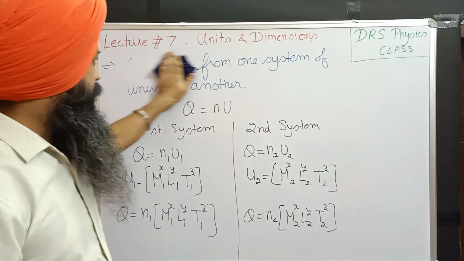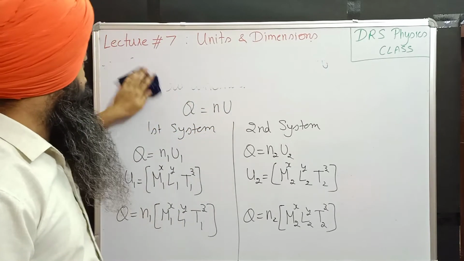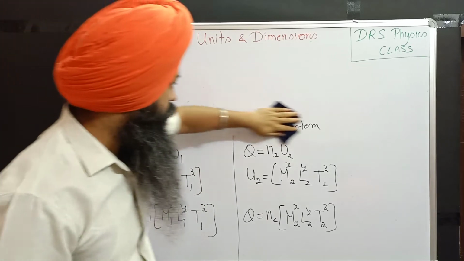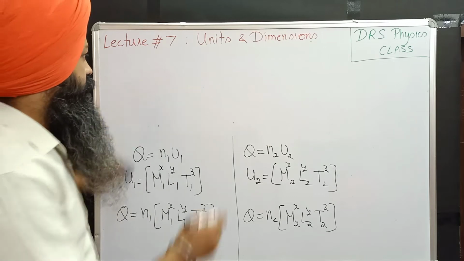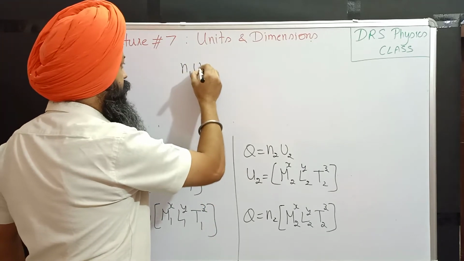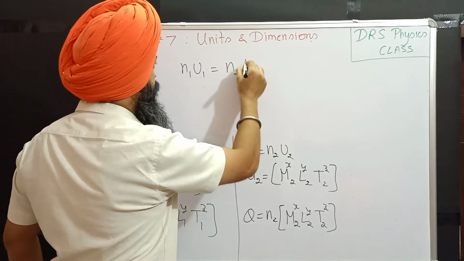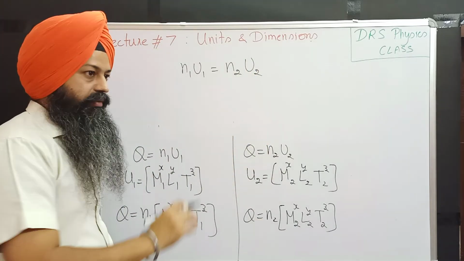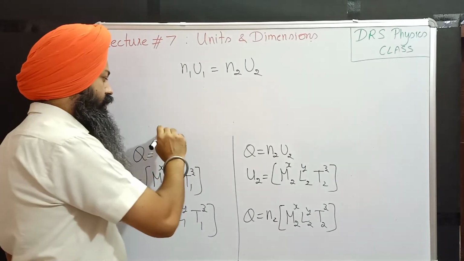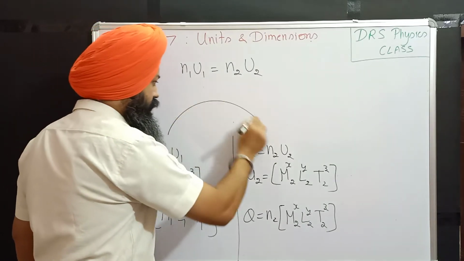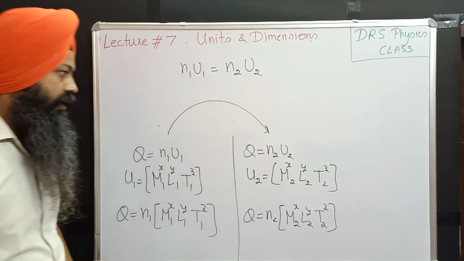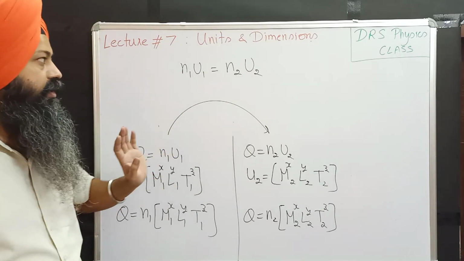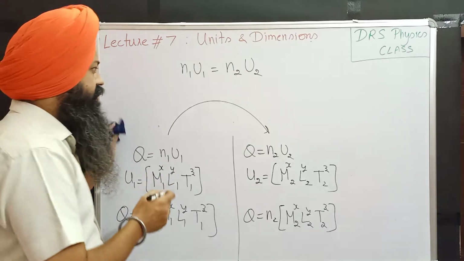So we say that N1 U1 must be equal to N2 U2. We have to convert the value of the first system into the second system. We have to move from the first system of units to the second system of units, which means that N1 is given here.